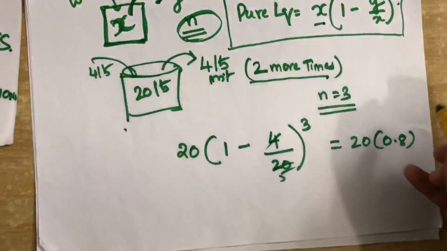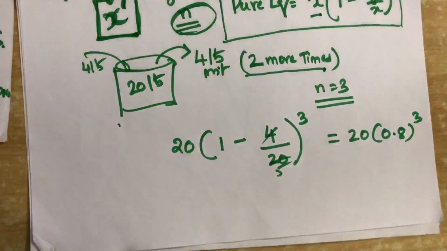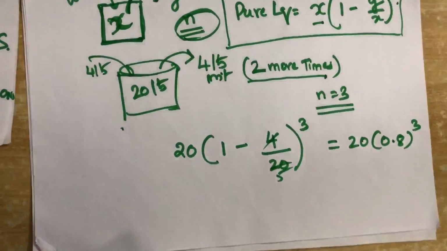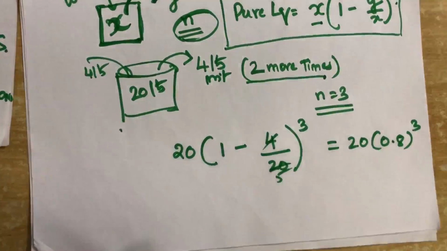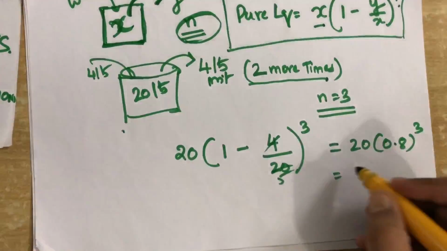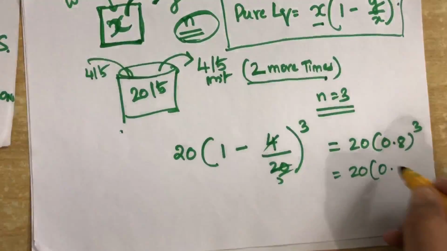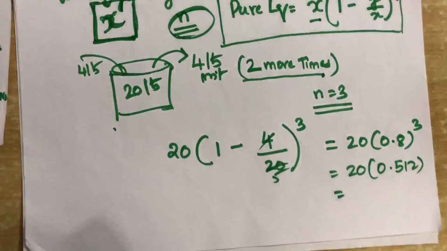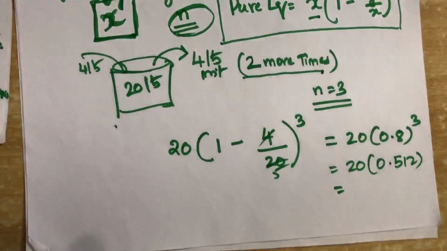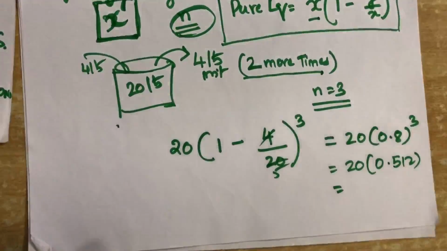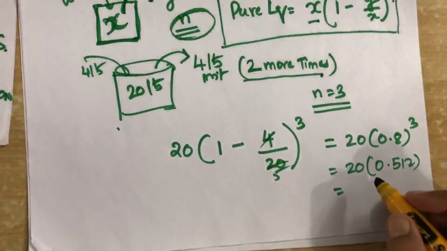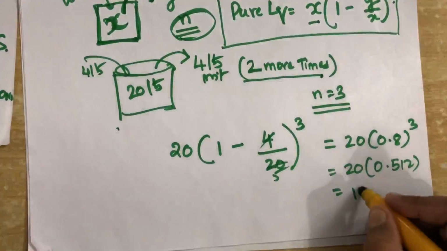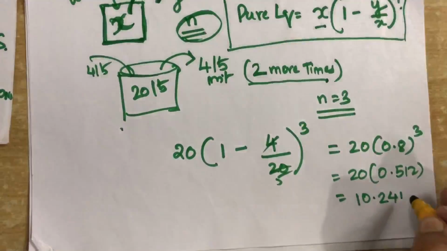And what is 0.8 cubed, guys? 8 cubed is 512, so 0.512. So I would be going with 20 into 0.512, which would be 10.24 liters.